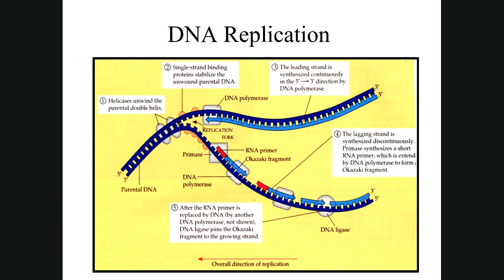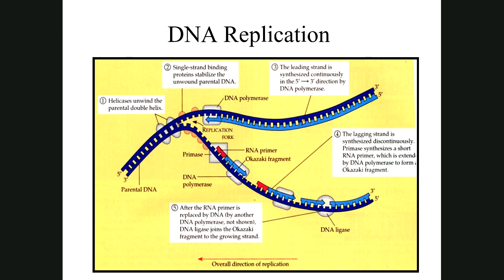New sentence. Primase, an enzyme that lays down a primer, is what that means, synthesizes a short RNA primer, not DNA. That little red thing there that is pointing to is RNA primer, which is extended by DNA polymerase to form an Okazaki fragment.